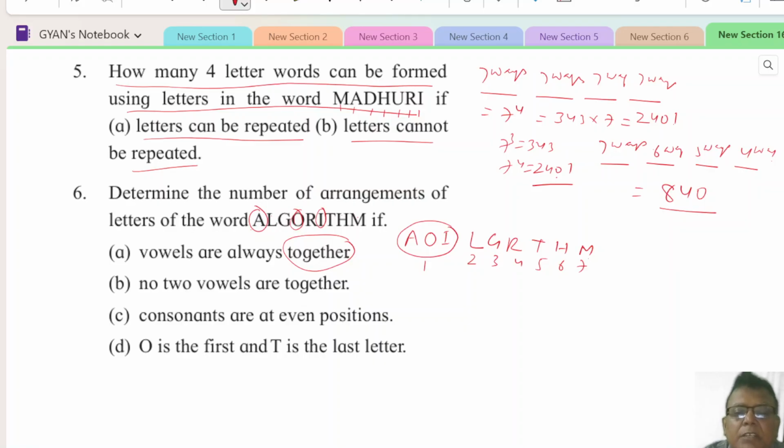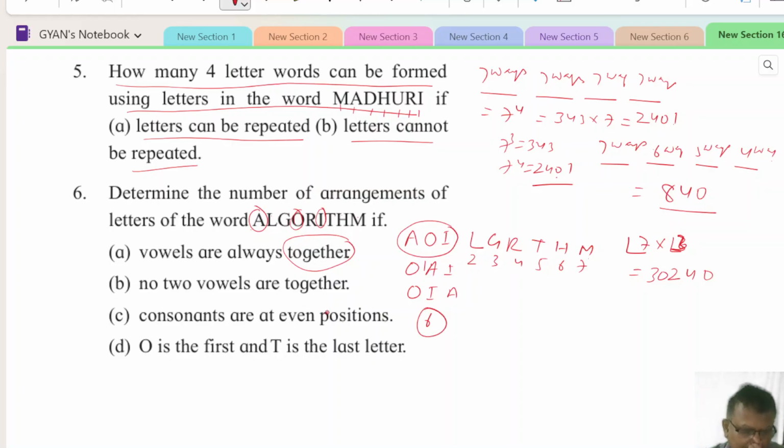So you can arrange in factorial 7 ways, but the vowels among themselves you can also arrange, like OAI or OIA. So this is factorial 3 ways. So the answer will be factorial 7 into factorial 3. That will be 30240.